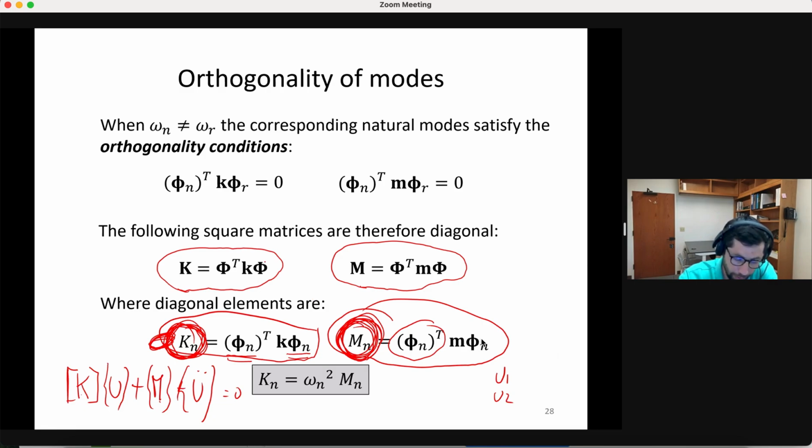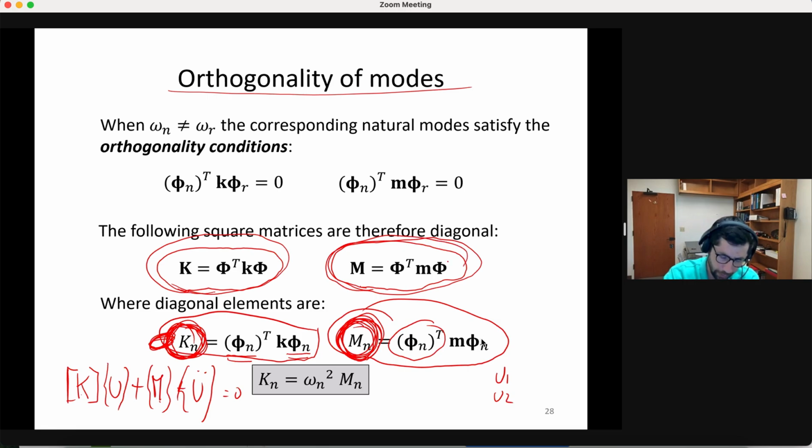They are now diagonal matrices because of the orthogonality of the mode shapes with respect to the stiffness matrix and the mass matrix.